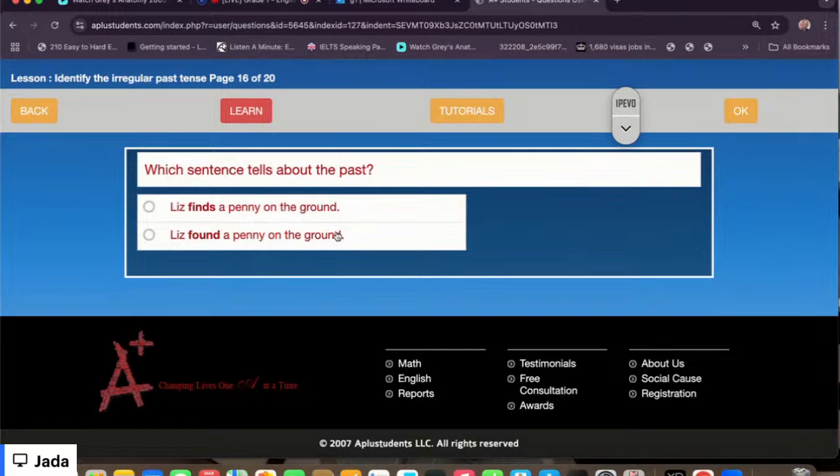Liz finds a penny on the ground. Liz found a penny on the ground.